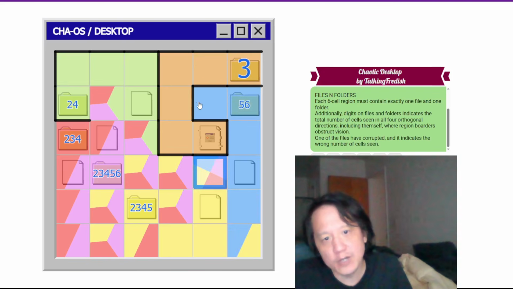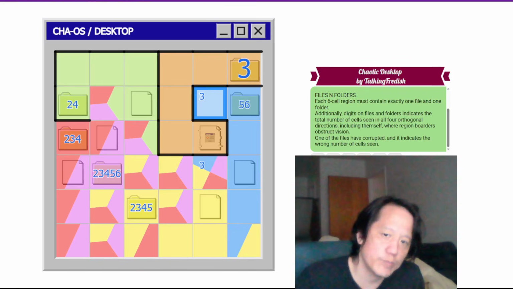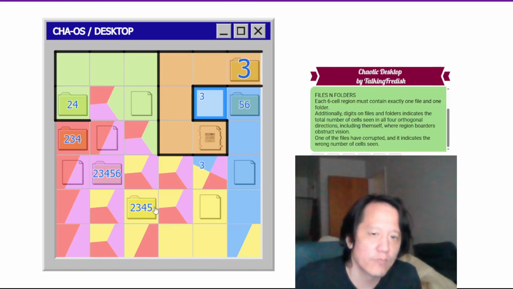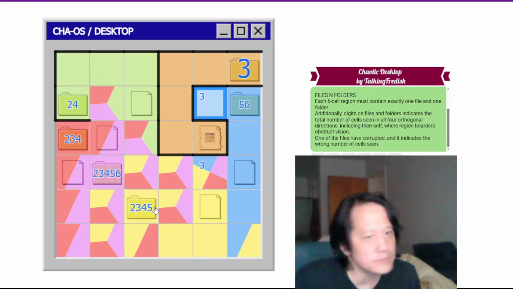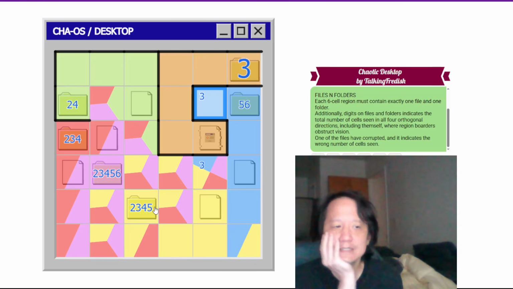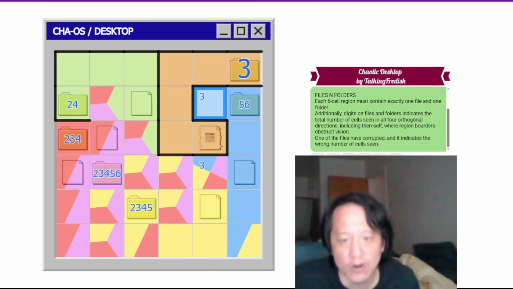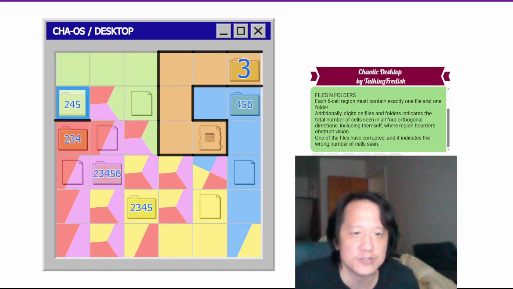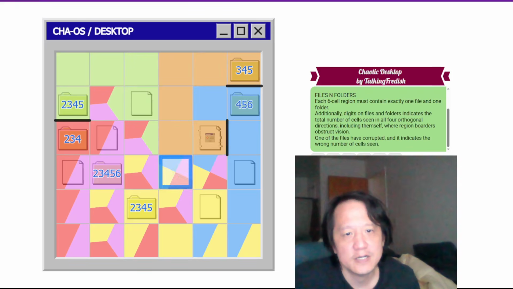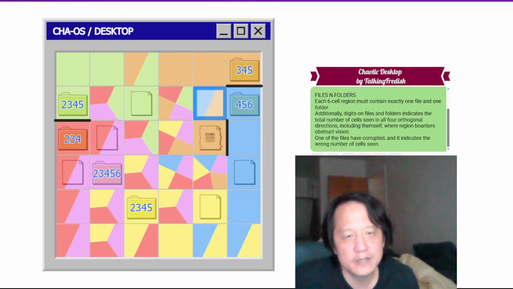So 3 would have to be one of those 2. See, this is why you're running through all the scenarios to do this. So at least 3.